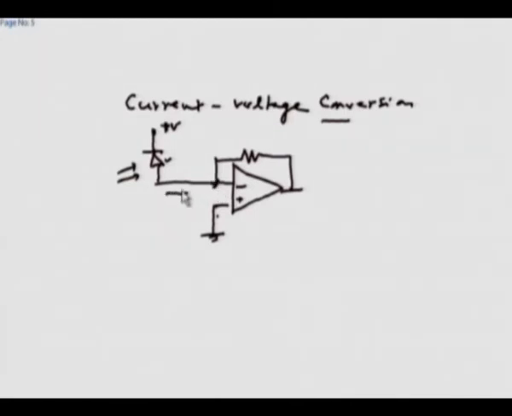So here we have an ideal current input, and this is a current to voltage converter. The circuit we have here is nothing but a trans-resistance amplifier.